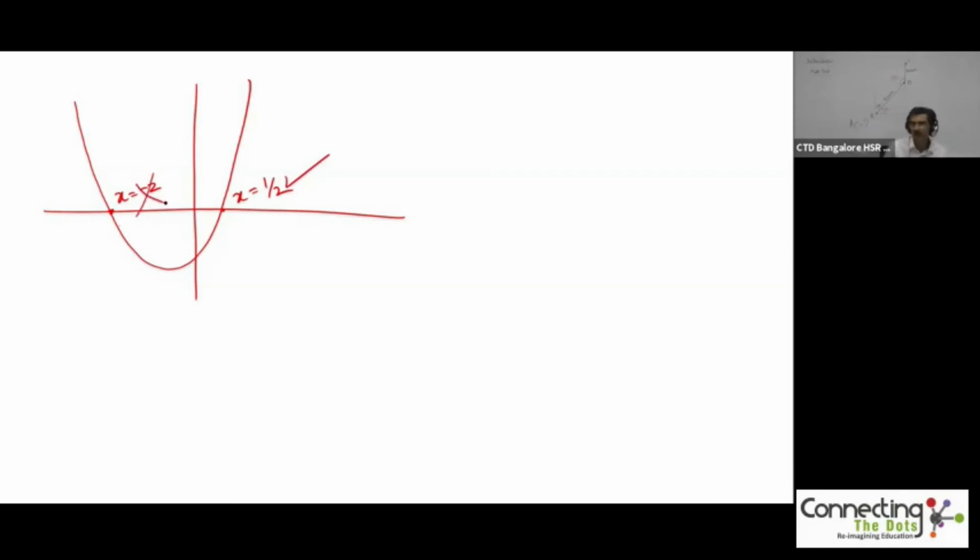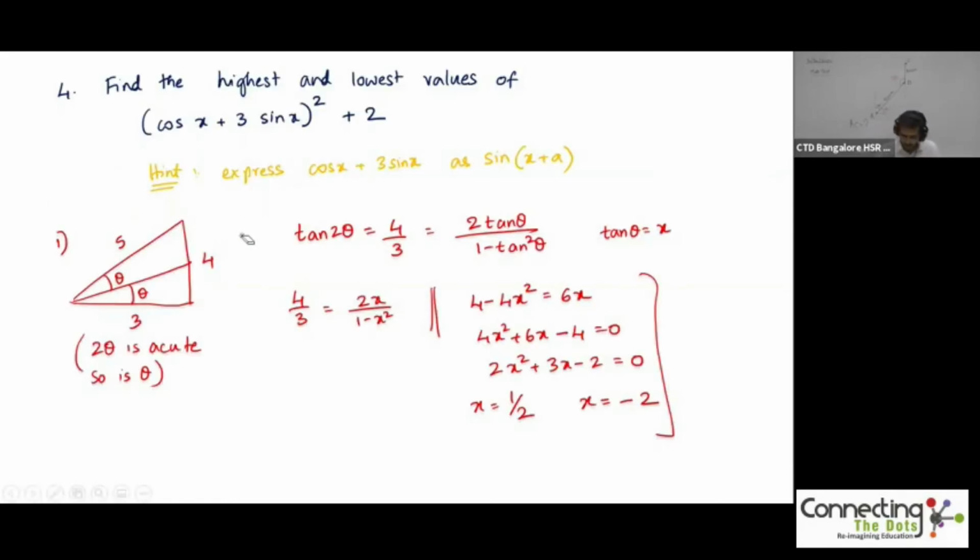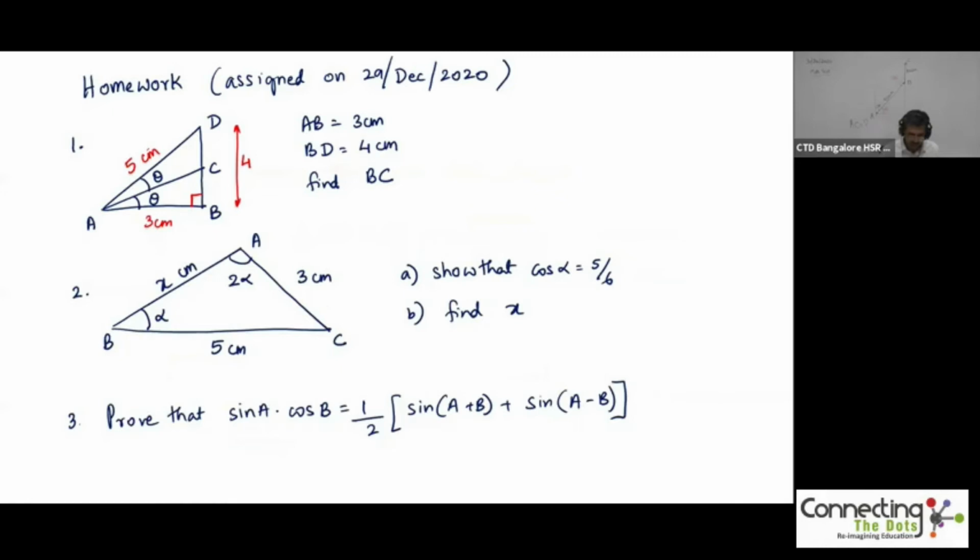Yeah, that is what happens. So we take one of them and then we go back here. And since x is half, x is equal to half, and that is our tan theta, and that will be, whatever. What was that? A? What were those? DCB.